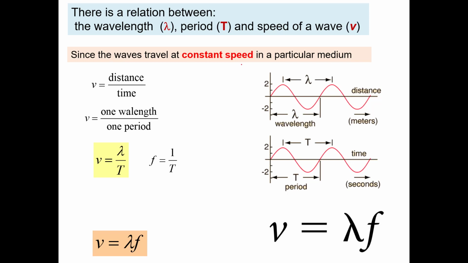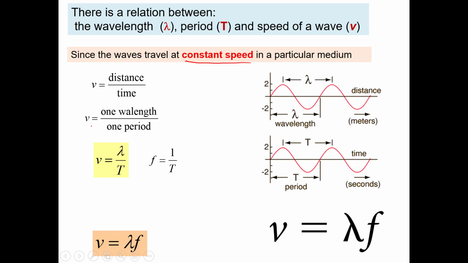Then this is important, constant speed. Because the speed is constant, the only equation we need to know to describe the motion of the wave will be velocity equal to distance over time. You can see here we don't have average velocity or average speed, because this is a constant value. This is why we don't have average here.